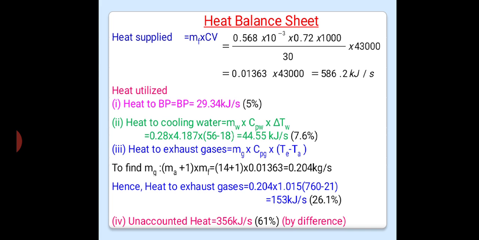Now we have to calculate heat to the exhaust gases. The formula is mg into cpg into the exhaust gas temperature minus the atmospheric temperature.